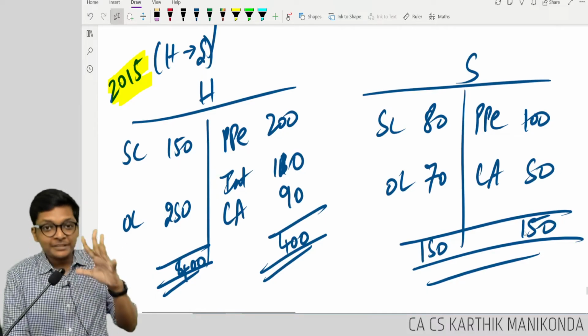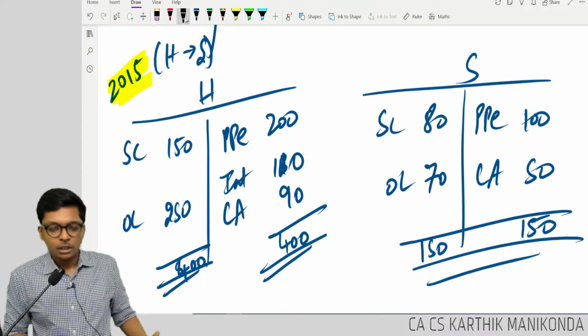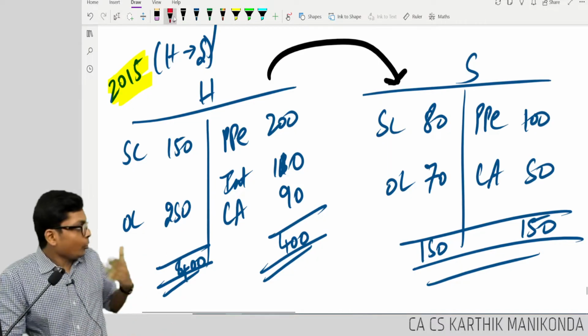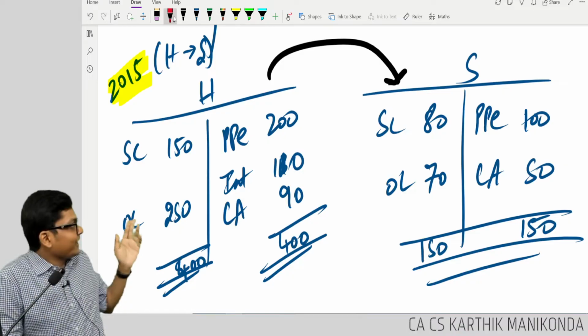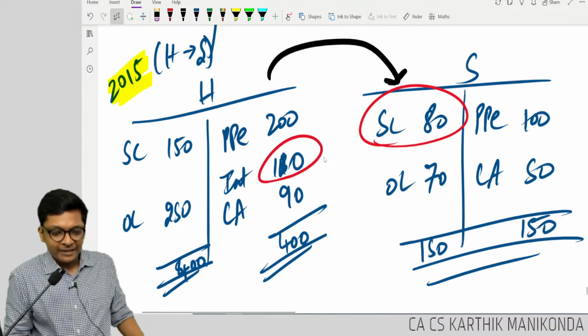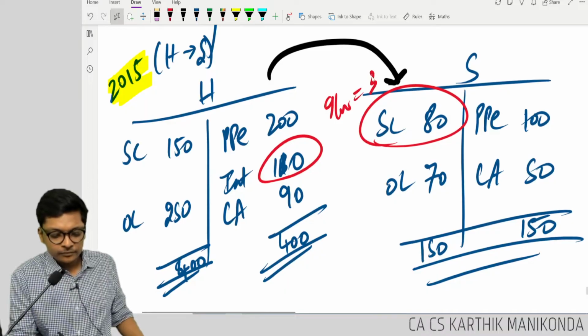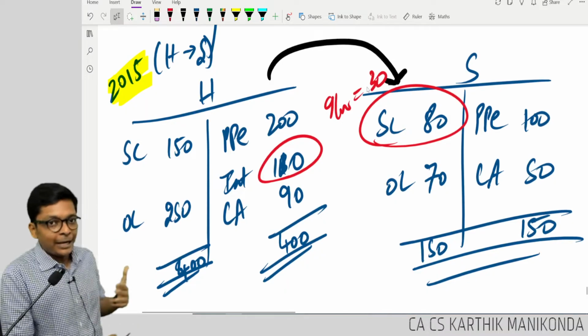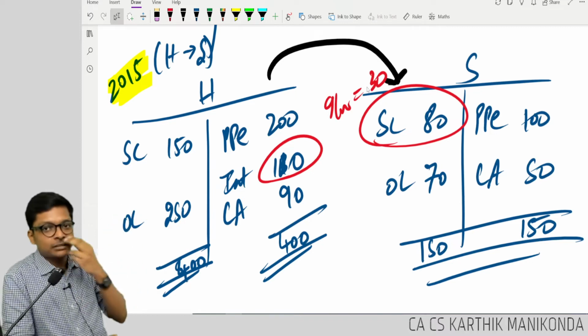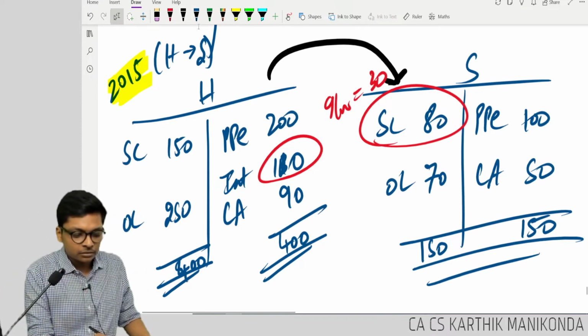For example 5, this is the fifth time I am doing it. Now, if I do consolidation, you are at a stage where on the face of it you can tell, okay sir, for 80 you paid 110, so my goodwill is 30. Example 2, goodwill is 30. This is in which year?